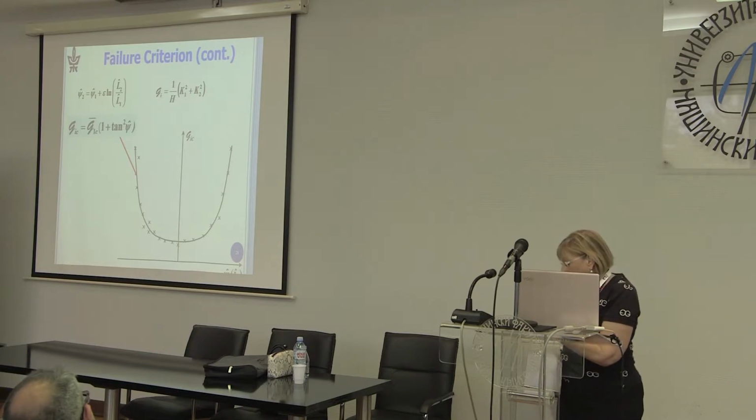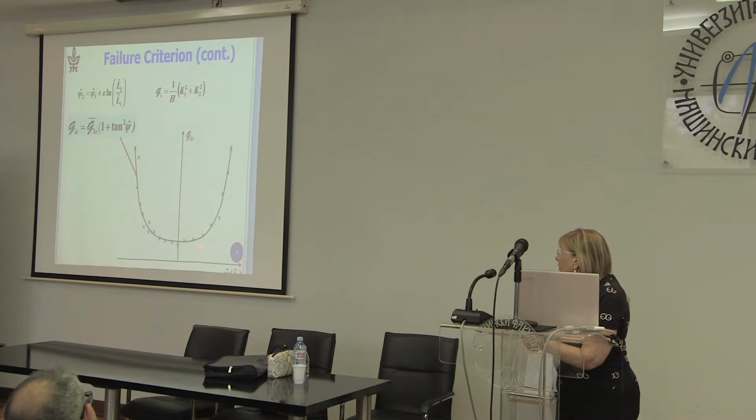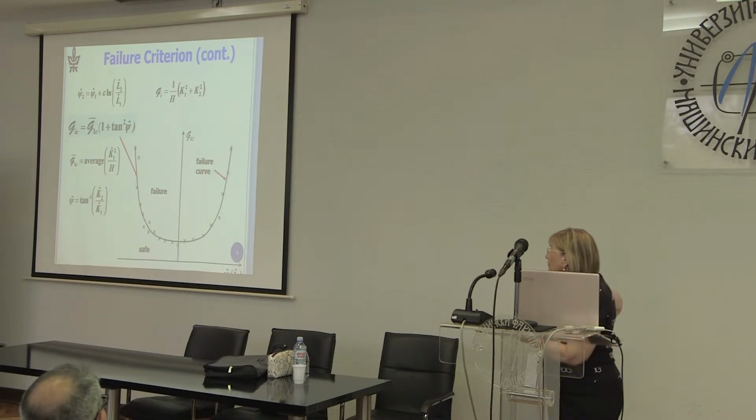And we calculate psi, and we look for this particular L2 hat, and we look here on psi, and we see, is the GI that we calculate below the curve, or is it above the curve? If it's below the curve, then we're safe. And if it's above it, this is the failure curve. If we're above the curve, then we expect failure. And if we're below the curve, we expect it to be safe. This is our failure curve, dividing between the failure and the safe zone. So if we're on the curve, we expect failure.